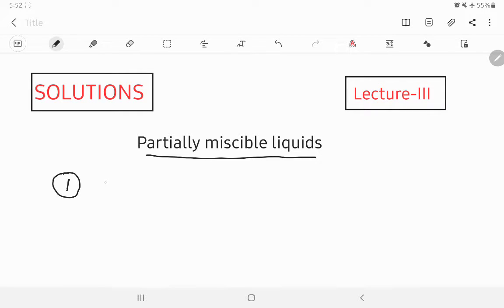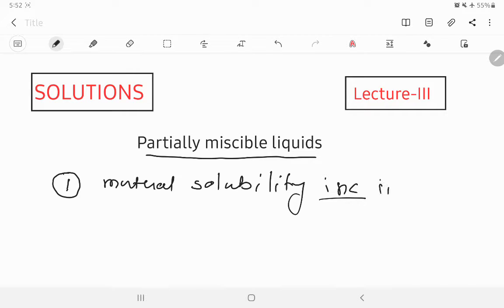From that, one is a liquid pair whose mutual solubility goes on increasing on increasing temperature. First type is mutual solubility increases on increasing temperature.